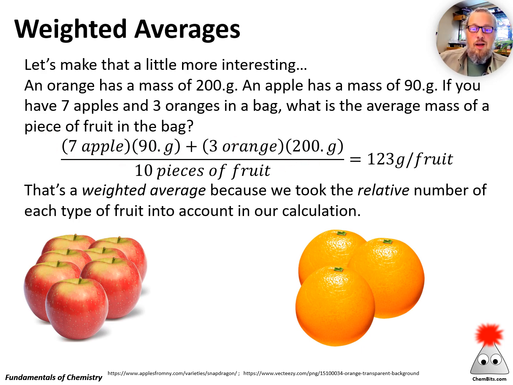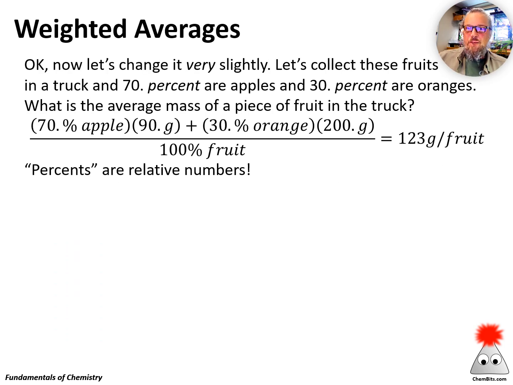So, apples and oranges. Let's extend this a little bit farther. What if we've got a truck full of fruit instead of a bag full of fruit? Well, what if 70% of those fruits are apples, now instead of 7, let's call it 70%, and 30% of those fruits are oranges.